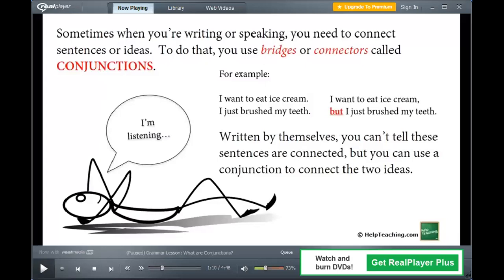So therefore, these two sentences become, I want to eat ice cream, comma, but I just brush my teeth. Now, what did we use to connect the two sentences? We use but, B-U-T. So one of the words we use to connect sentences or join sentences or phrases together is the word but, B-U-T.